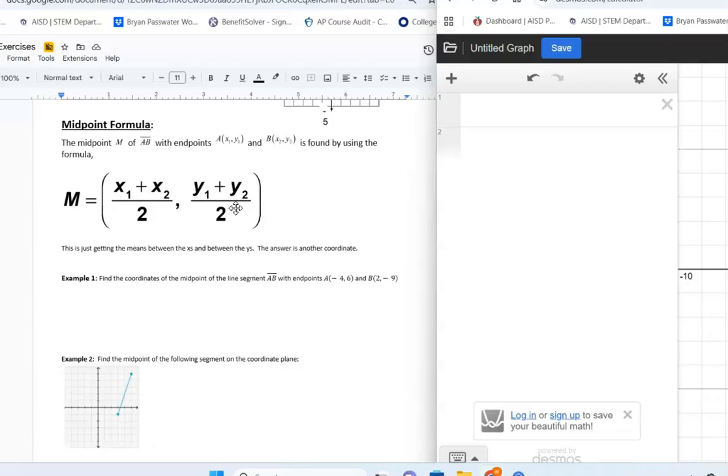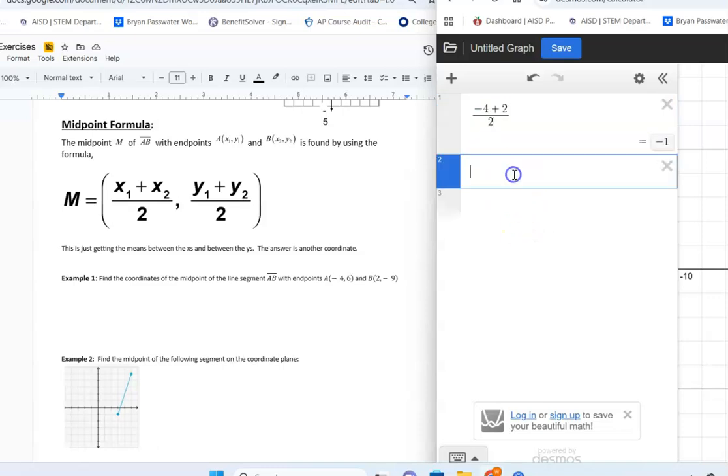So every single problem today, you've got to do mean twice. You've got to do it for the x's and you've got to do it for the y's, and then you put them together and the coordinate's the answer. For example, find the coordinates of the midpoint of the line segment AB with endpoints -4, 6 and 2, -9. So first up, you need to do the mean of my x values, which is -4 and 2. That is the x values in those two coordinates, and then you divide it by 2.